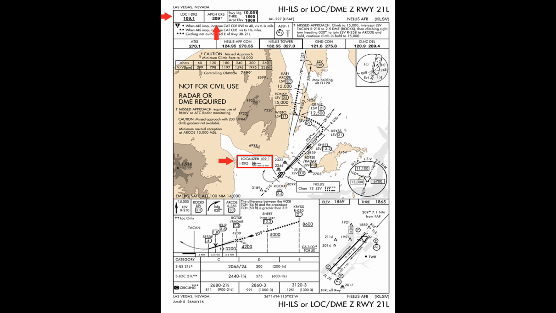Now, the highlighted box down at about the middle of the chart with another arrow pointing to it is the Morse code beeps for the ILS system.